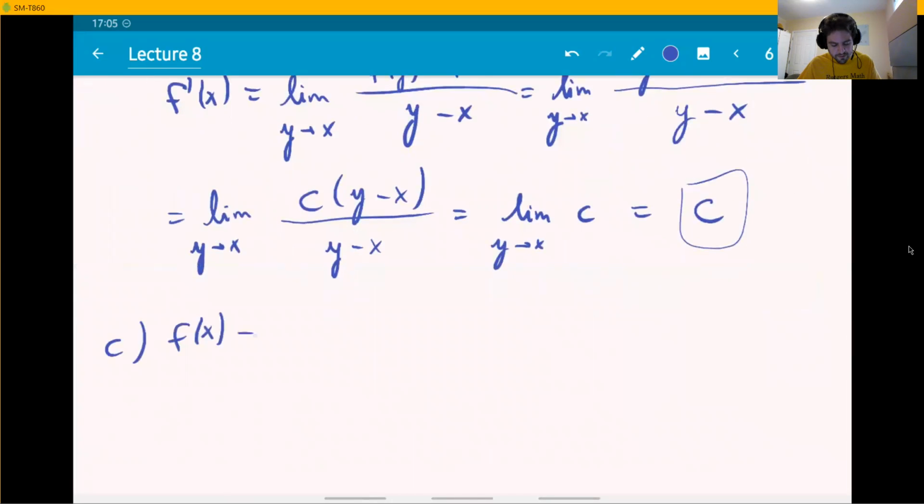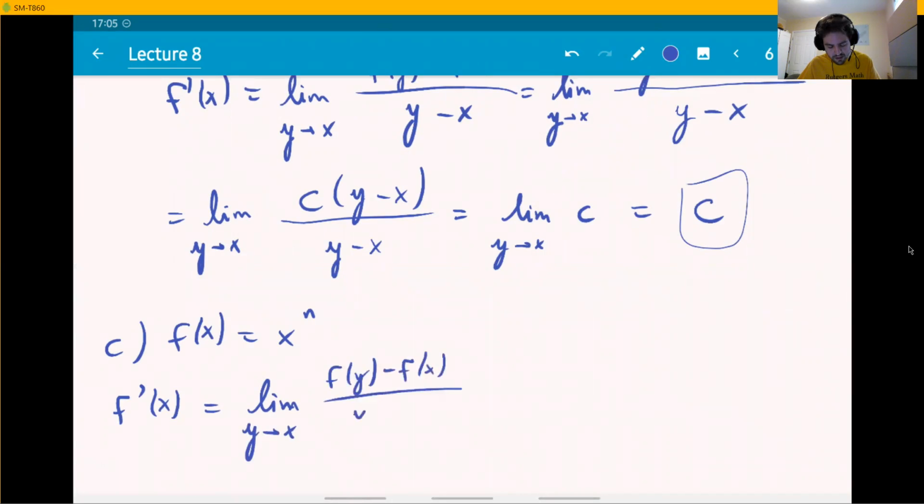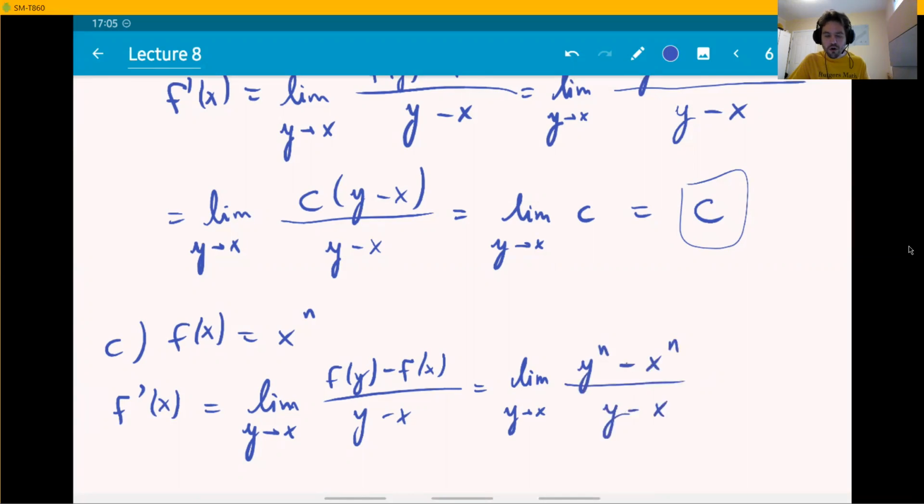What is the derivative function? I'm going to use the y limit, the y form. f of y minus f of x over y minus x. All right, so this is y to the n minus x to the n divided by y minus x. So just looking at it, you might not know how to simplify this down because of the n. If n is 2, you actually would know what to do.